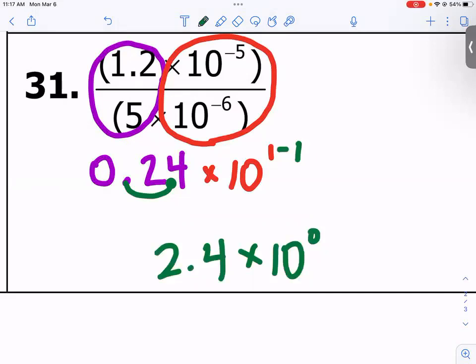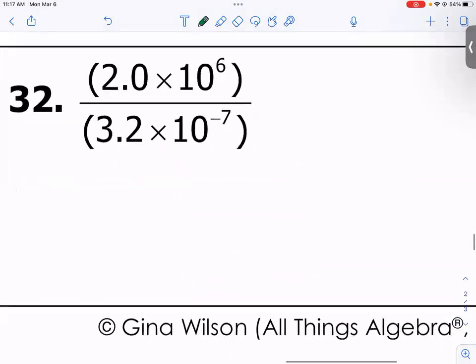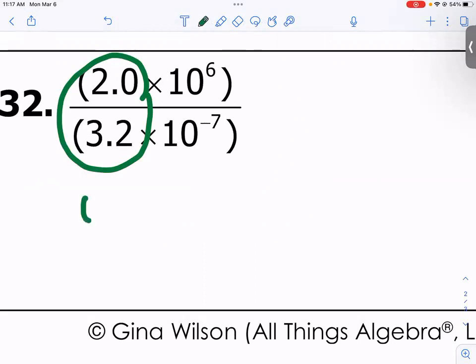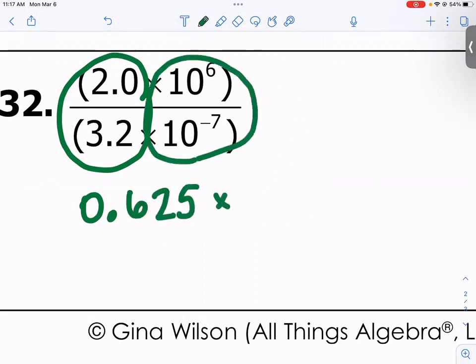Okay, so let's just work on this one together. Help me out. What is 2.0 divided by 3.2? Times 10 to the, we would have 6 minus negative 7.